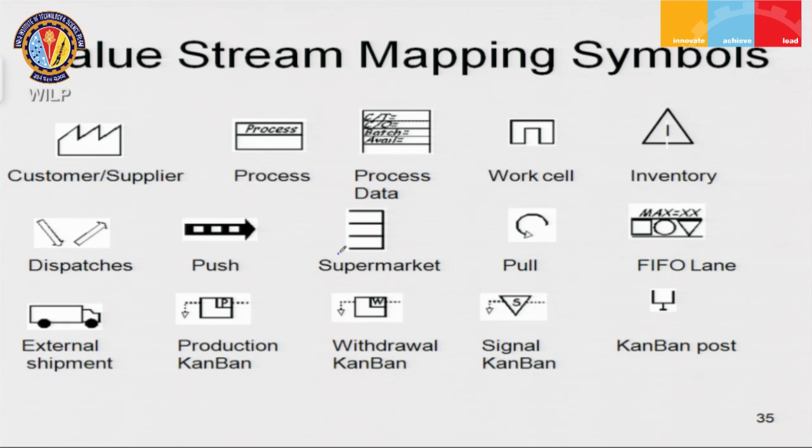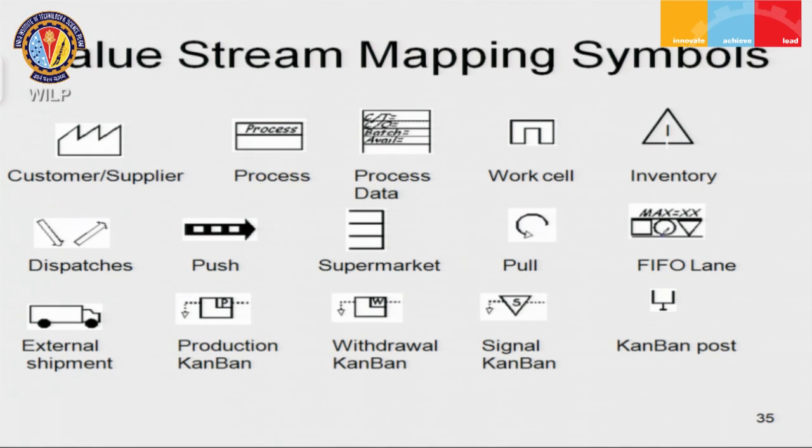Supermarket, again I will define when we get into the example, but a supermarket, and some of you may be familiar with the term because you may be using these in your plants, is depicted using this kind of a symbol. Pull is depicted in this manner, indicating that a customer process is pulling from a supplier process.